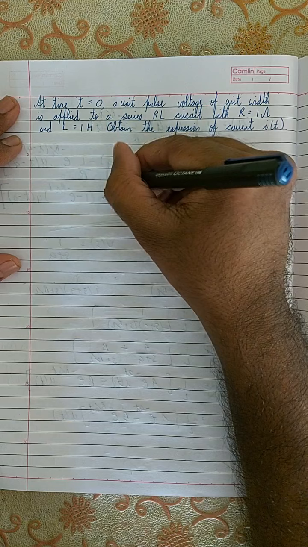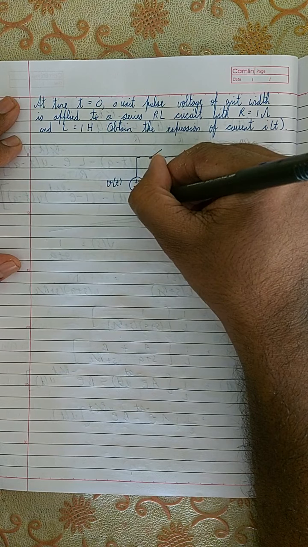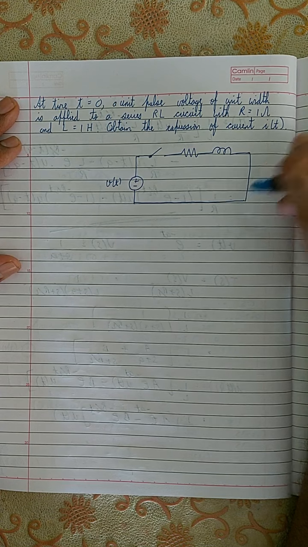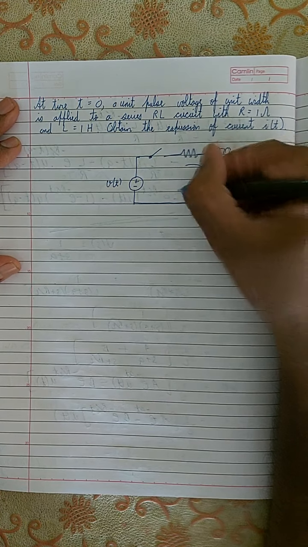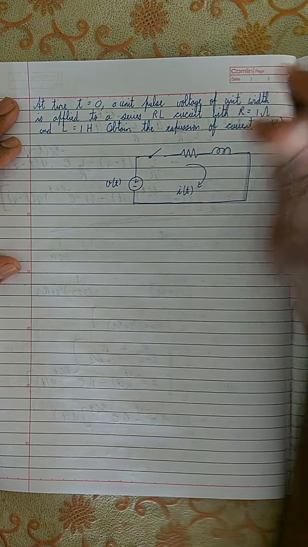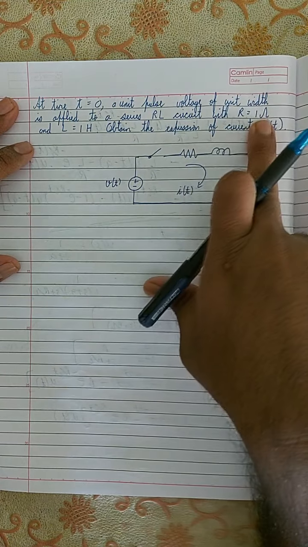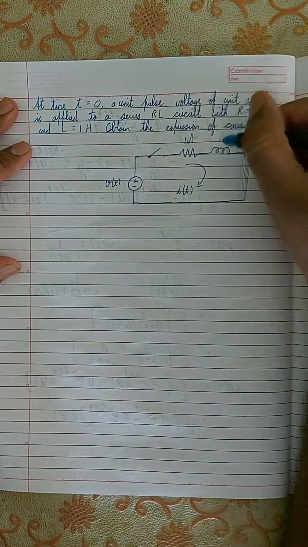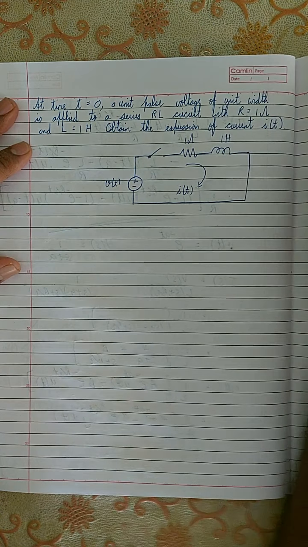That voltage is v of t, and this is the circuit diagram. This must be i of t. What is the value of this resistor? 1 ohm. And the inductor? It is 1 Henry. All right, so this is the circuit.